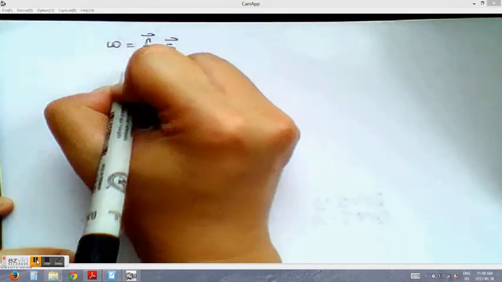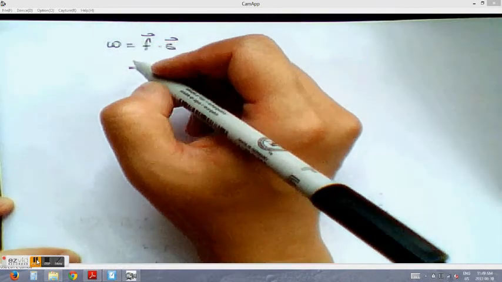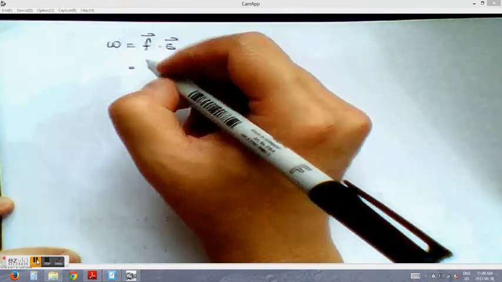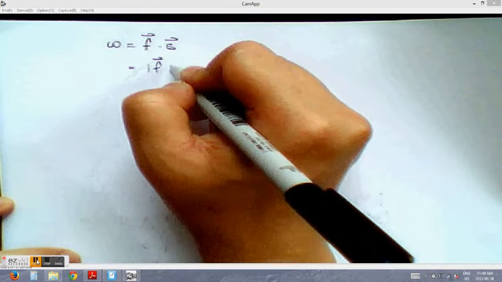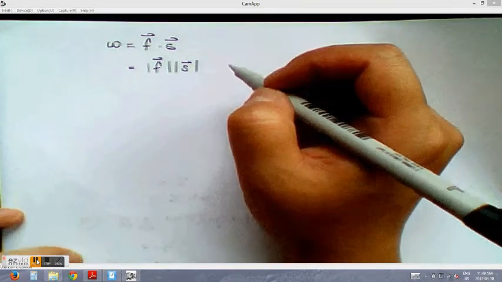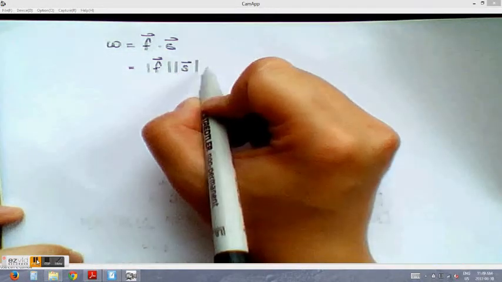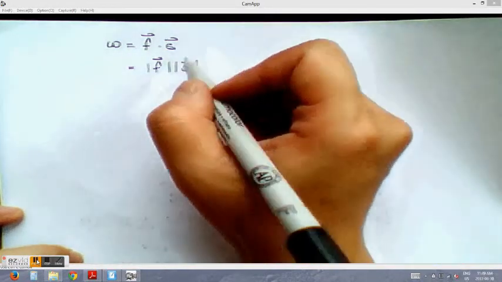So in this particular question, let's rewrite this: the magnitude of the force times the magnitude of the displacement in the same direction as the force.